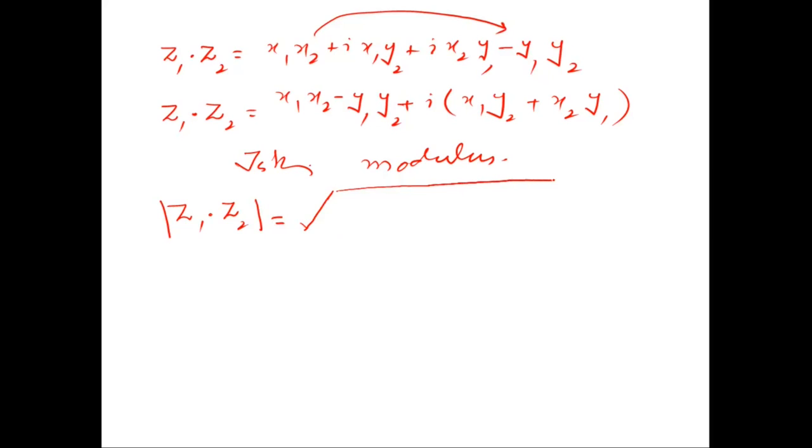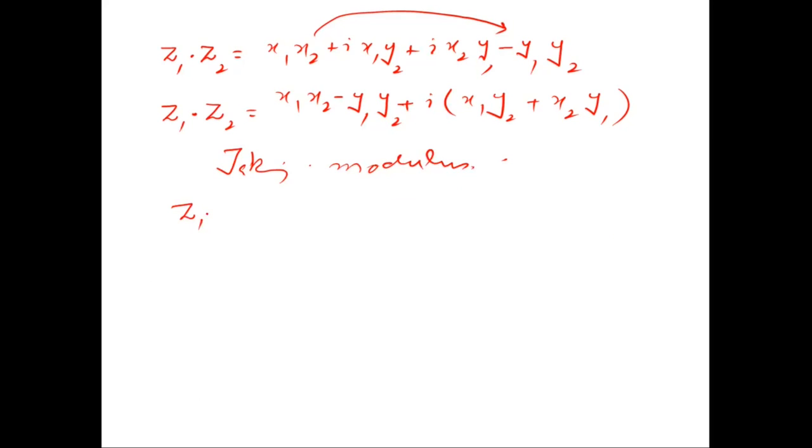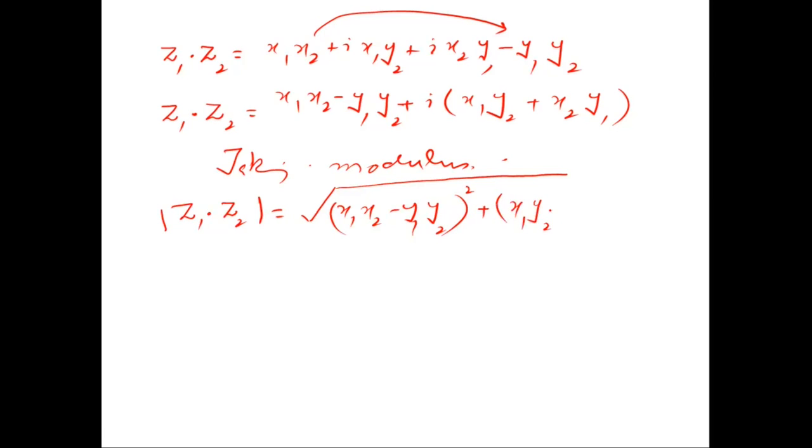Modulus means we are taking square root of the real part square plus the imaginary part square. So the modulus of z1 multiply z2 equals square root of the real part x1 x2 minus y1 y2 whole square plus the square of the imaginary part x1 y2 plus x2 y1 whole square.